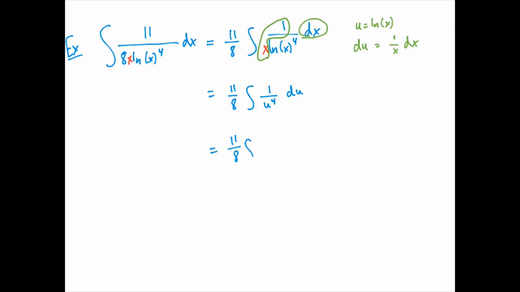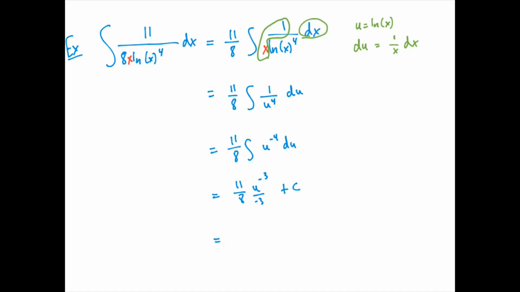We're going to apply the power rule here, so instead of writing 1 over u to the fourth, we're going to say u to the negative fourth du, and this will equal 1 over 8 u negative 4, raise that power by 1, so it'll be to the negative third, divided by negative 3, plus c.